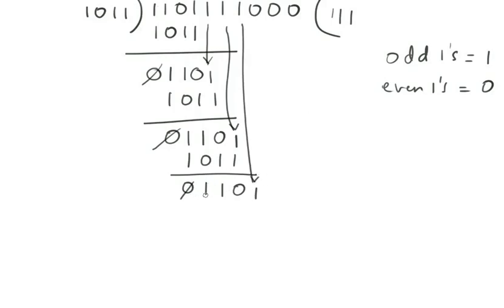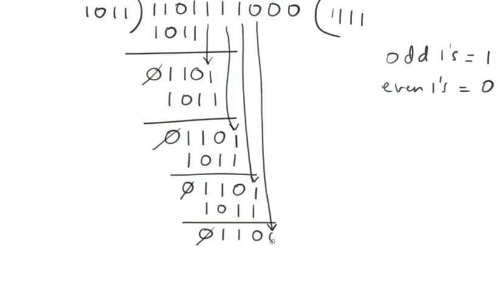So again we have the first bit as 1, so put a 1 here and write 1 0 1 1. Even number is 0, odd number 1, odd number 1, even number is 0. Again discard the 0, then bring the next bit down, which is a 0, put a 0 here.